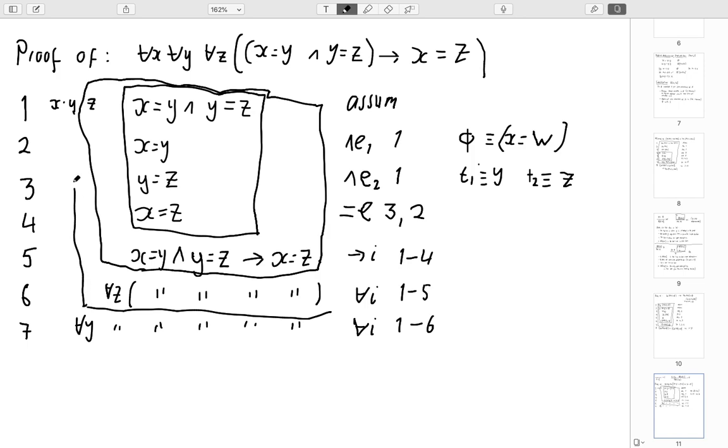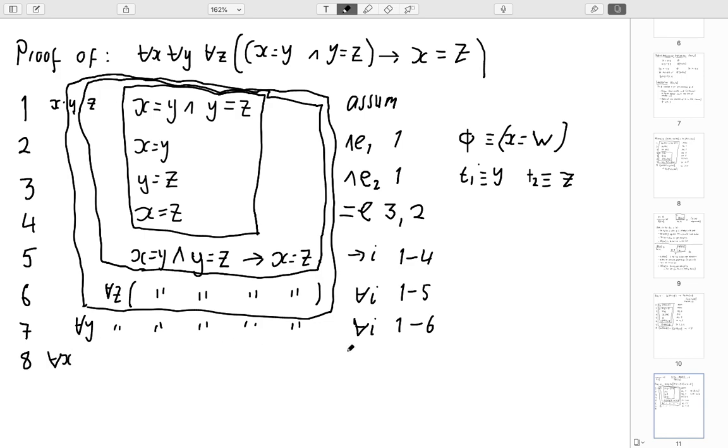So these proofs can be done much more neatly if you have better control over your pen than I've got with this tablet. There we go. And we still have to introduce the for all x quantifier.